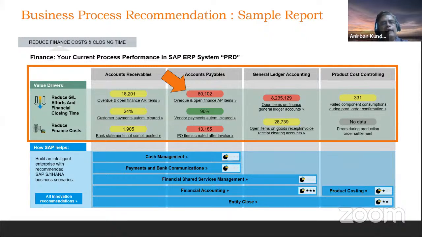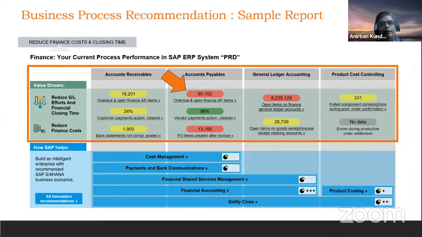Finally, now this is a report. If you're already an existing ECC customer or an SAP ERP customer, there is a service from SAP where you can get the business process recommendation. It's a report which is run on your existing system, and per process area, it will identify the different value drivers, where there are issues, where you could improve, and potentially the different solutions which SAP has to offer.